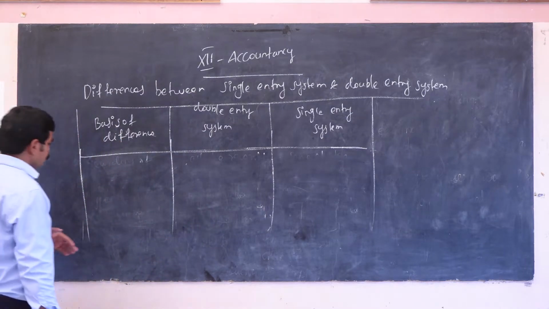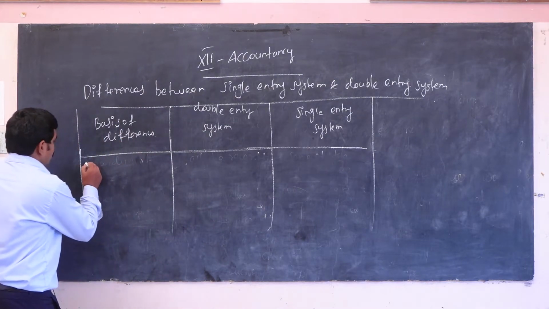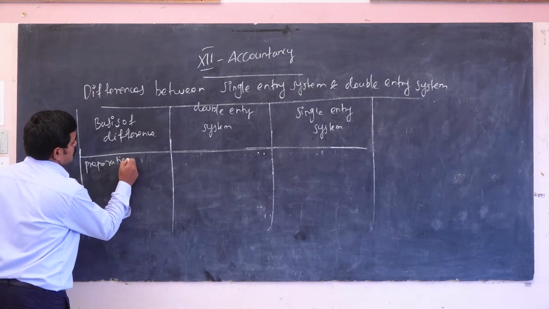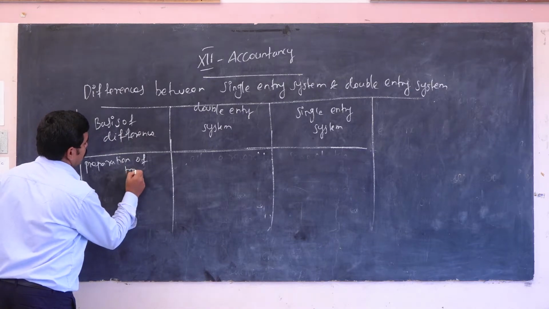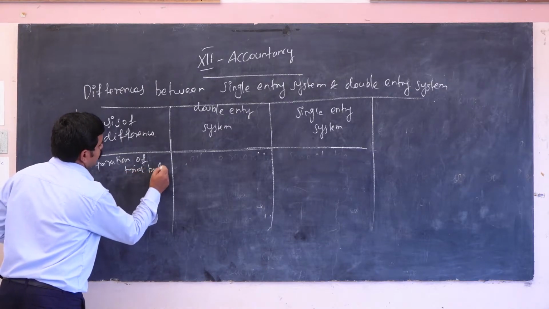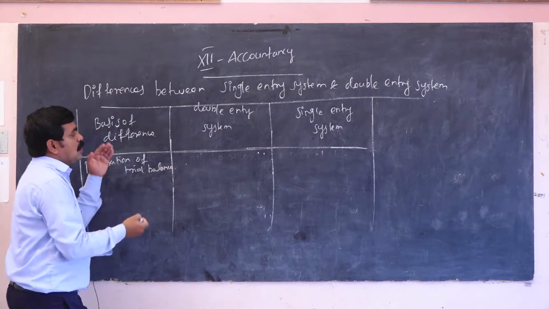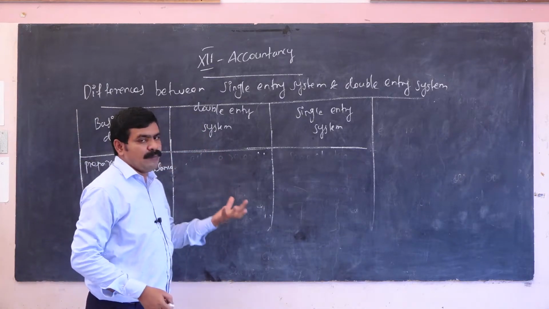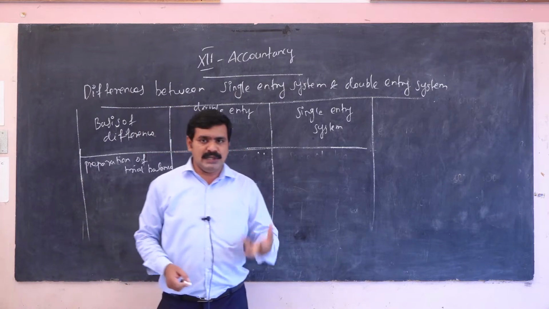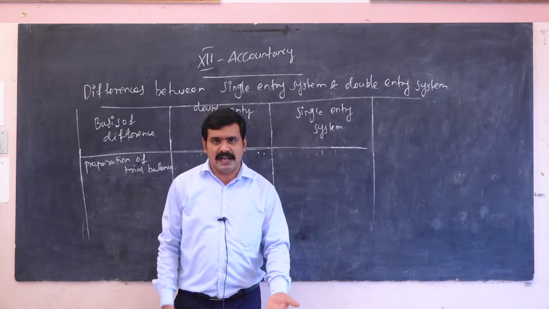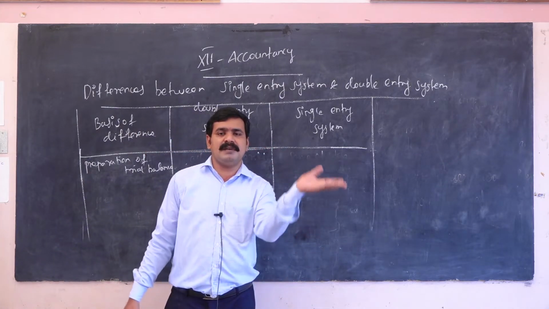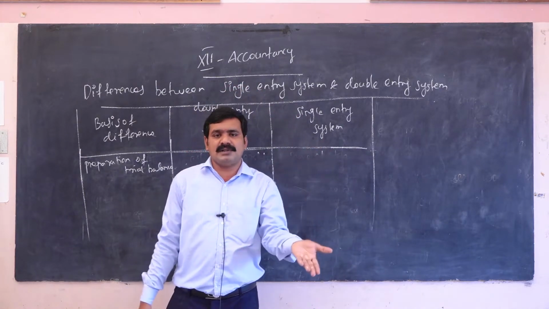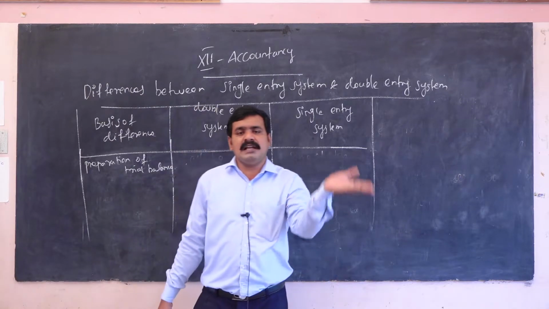Next, preparation of trial balance. Here we have to prepare the trial balance, and only then can we know the actual trading account, actual profit and loss account and actual balance sheet. Some accounts are posted on the credit side, some on the debit side. For example, the cash account is posted on the debit side in the trial balance.